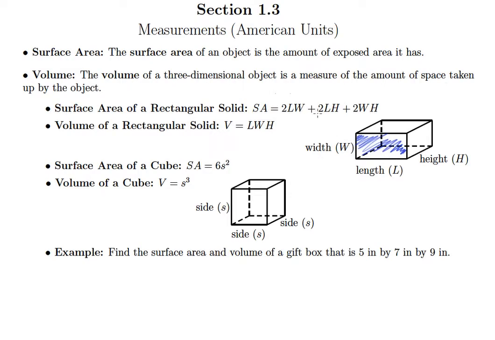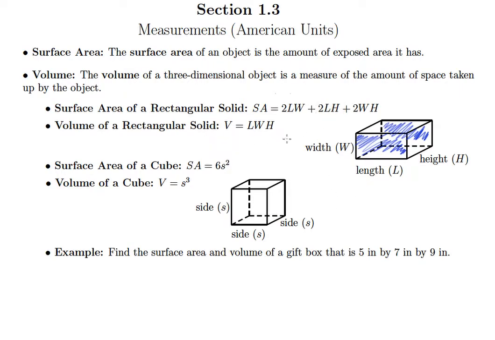But then the reason there's a 2 there is because there's an identical face on the opposite side of this box. So this 2 length times width represents the front and back area. And so of course you have a similar thing happening with the sides. So width times height, and there's 2 of those, and then 2 length times height, so for the bottom and the top. All right, so that's where that formula comes from.